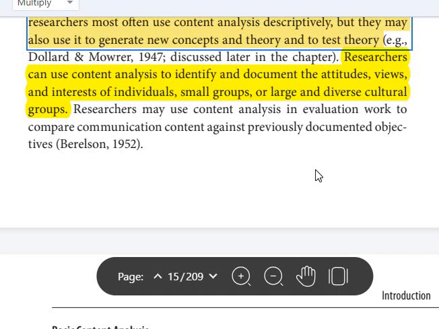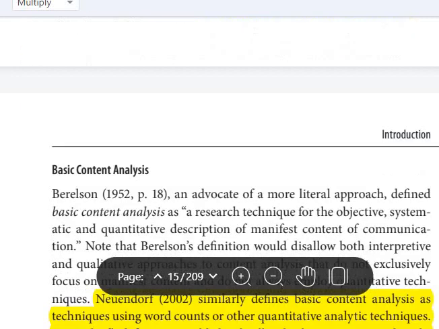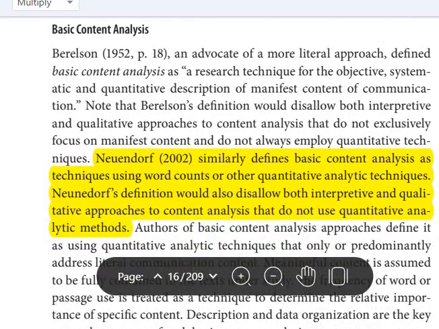Okay. Now let's go to the basic content analysis. This is just a general view for the basic content analysis. We will talk in detail in one separate video.